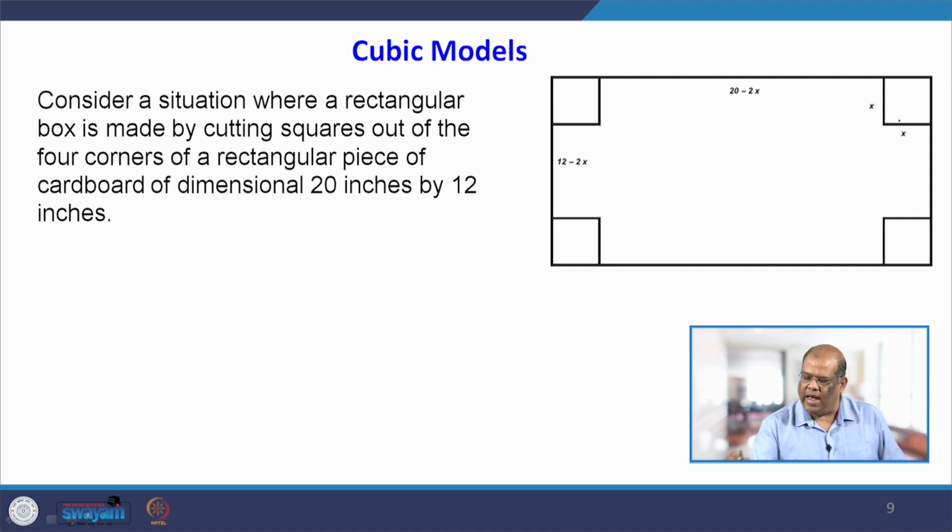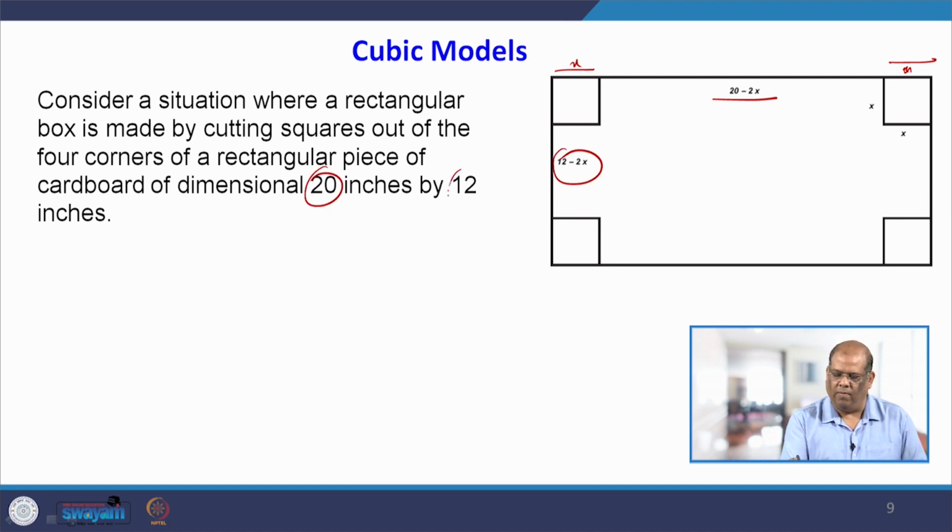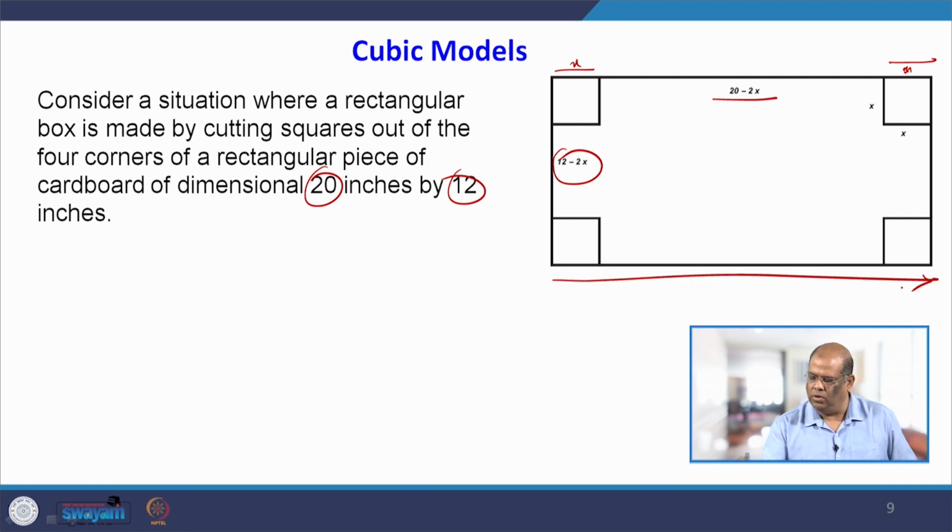So, if this is x and again this point is x, this value is x. So, the total length is 20 minus 2x. With a similar argument, it is 12 minus 2x the breadth. Your dimension was 20 by 12.